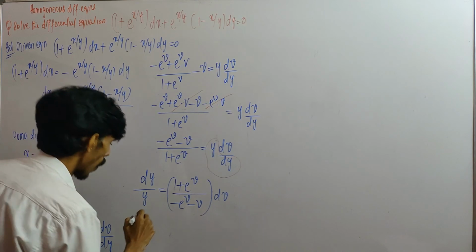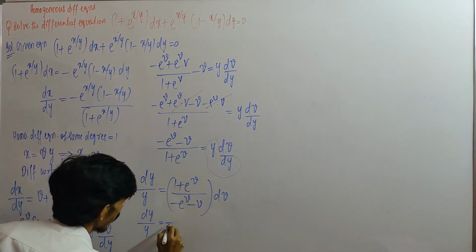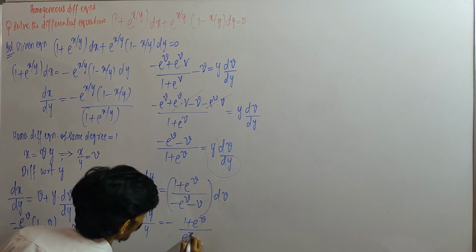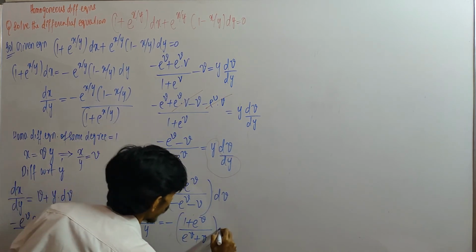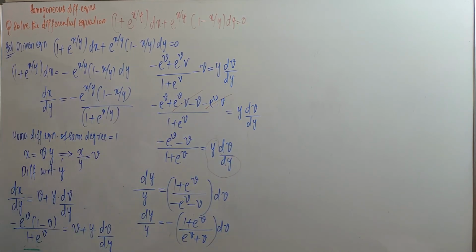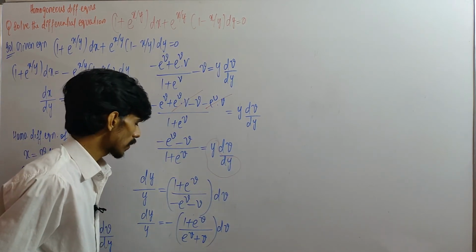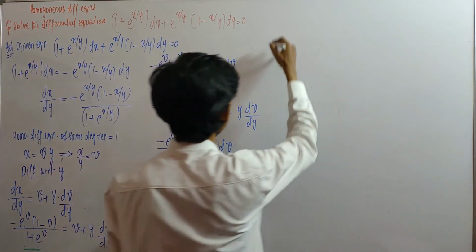Now take minus common, dy by y is equal to minus, 1 plus e power of v upon e power of v plus v dv. Here we have y terms on one side, v terms on one side, that is, we have separated the variables. Now the next step is integrating.